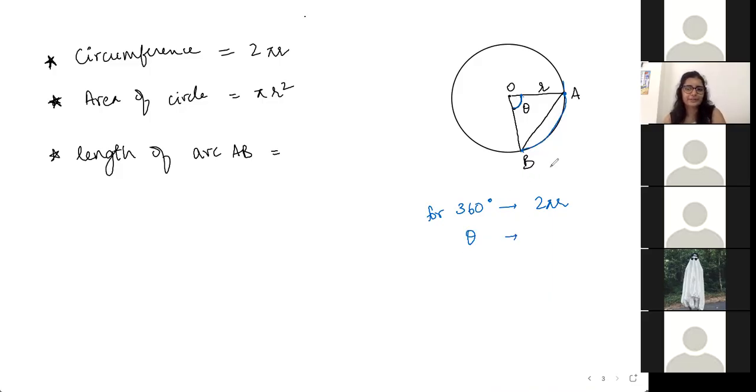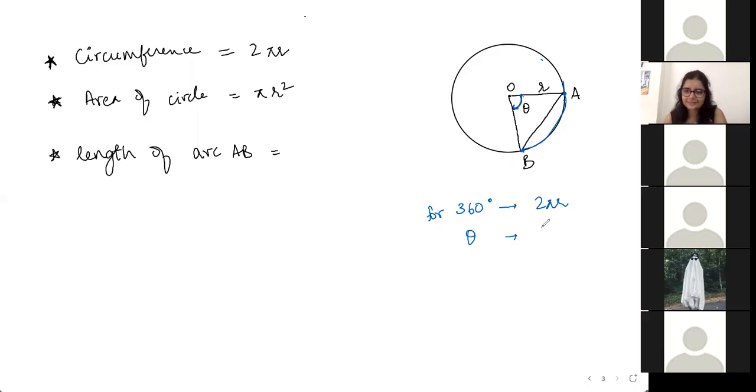It's like a unitary method. If you go the full 360 degrees, you travel 2 pi r, but instead you traveled only up to theta. So how much would that be? Use the unitary method and work it out.